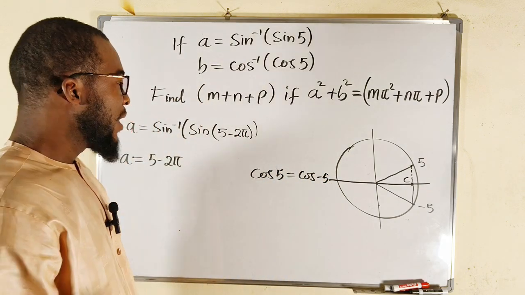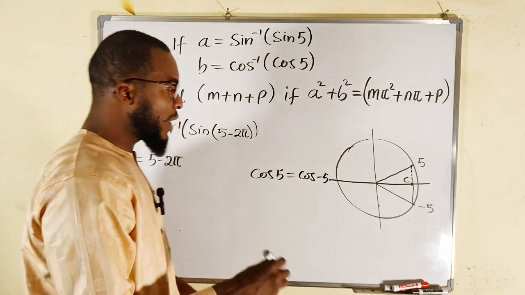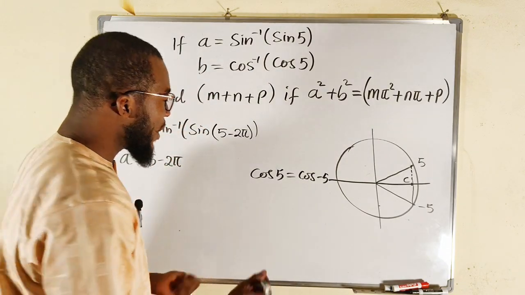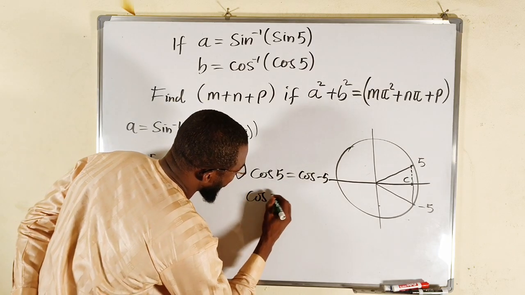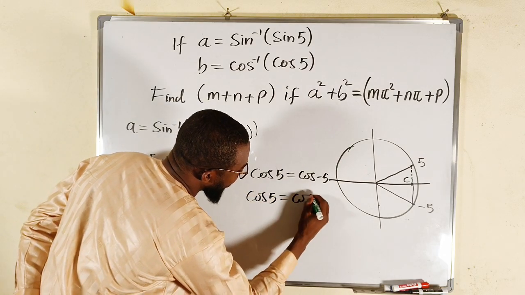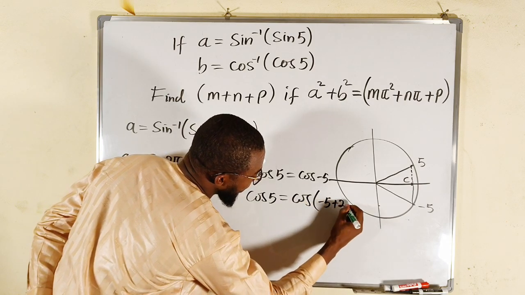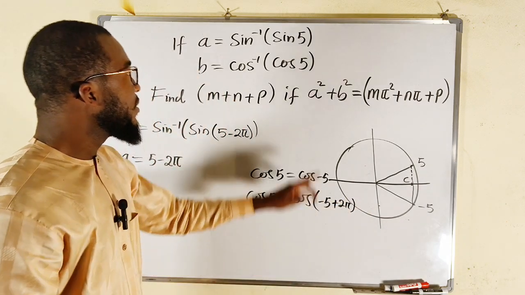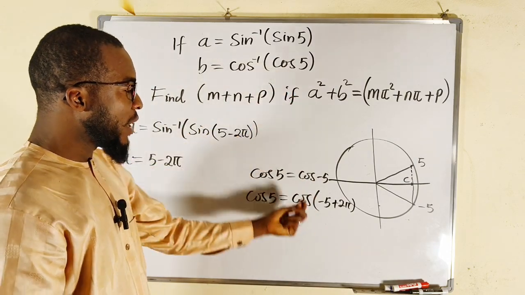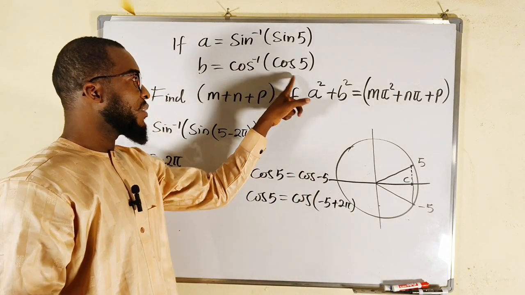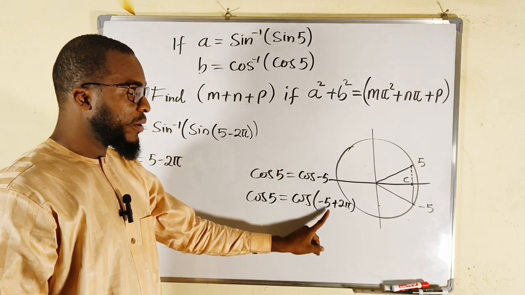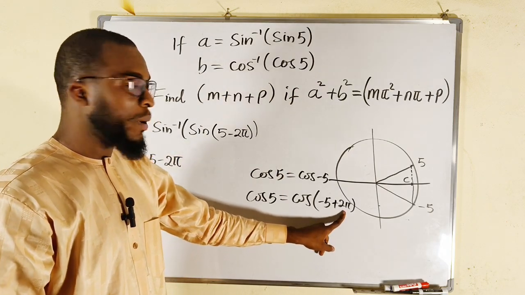They have the same value. And if you want to change this to positive, you can just add a complete cycle, which is 2 pi. Therefore, cosine of 5 is equal to cosine of -5 plus 2 pi, all the same. So instead of cosine 5, we can now write cosine of -5 plus 2 pi.